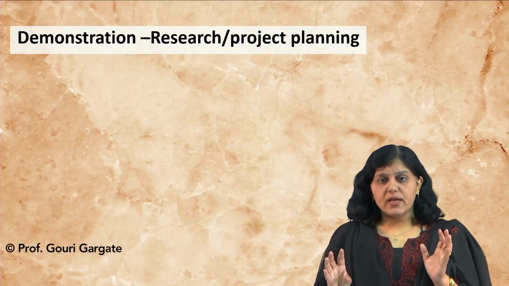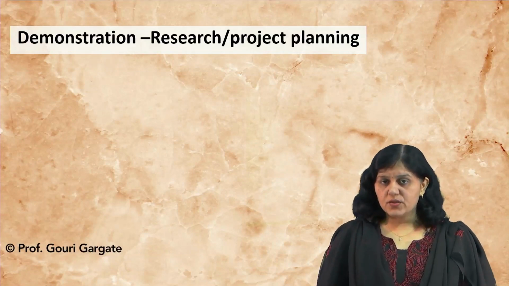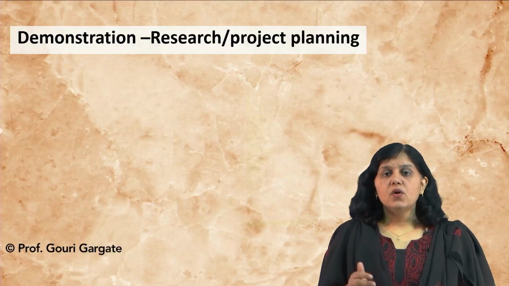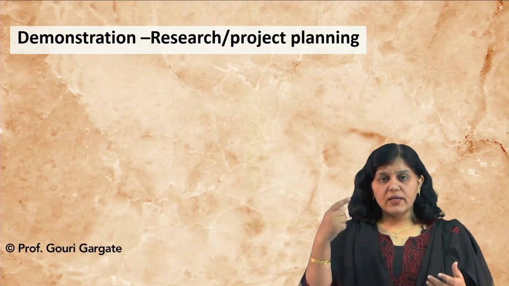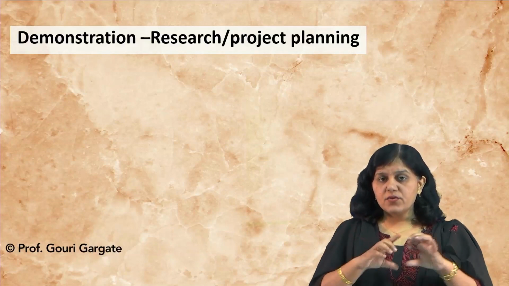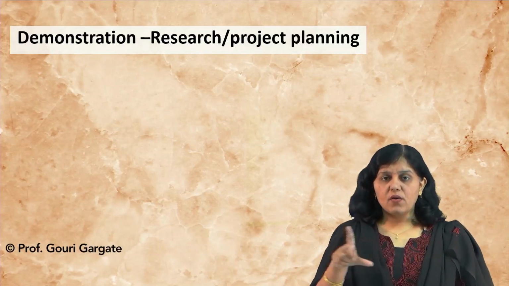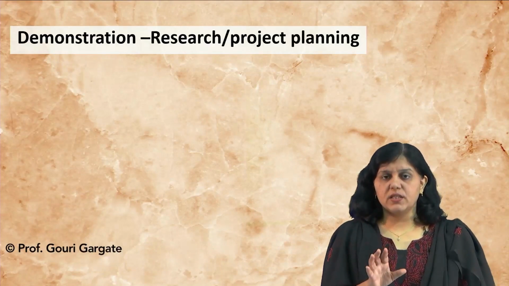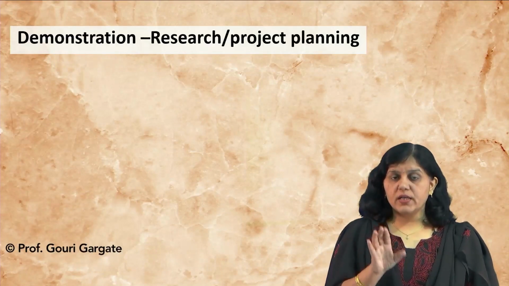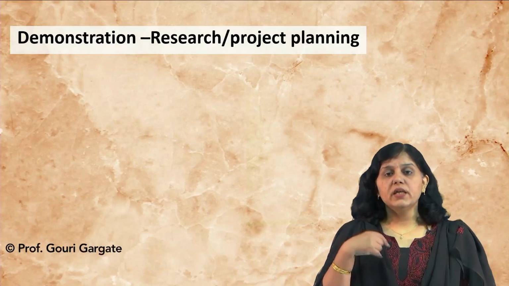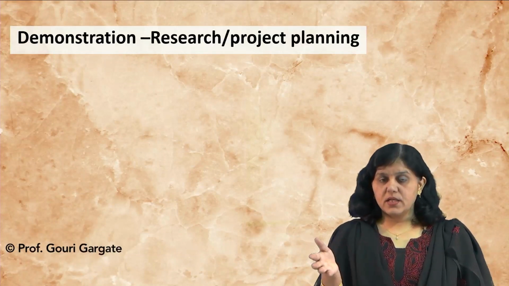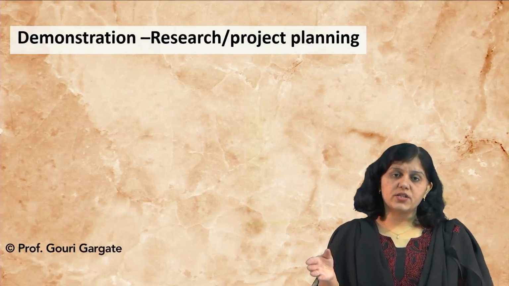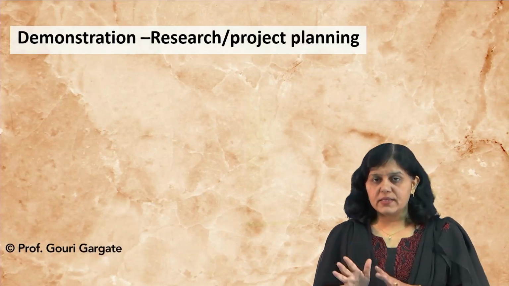So you can see that movement, but all these things you have to plan in advance: what will happen at what time. If you plan accordingly, if you consider all the factors we have just seen, and if you plan your project in advance, then obviously the total research, IP generation, and the commercialization, all things will be in place, right?